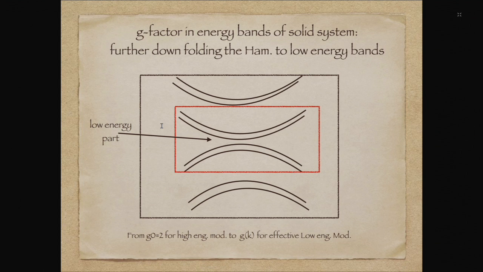Once we turn on this periodic potential, and for example we apply this LDA approximation and calculate the energy bands, if you put G factor g0 equals 2, you need to keep all the high energy bands. For example, we usually take like 100, 200 energy bands to describe the full picture of the electronic structure of one particular real material.